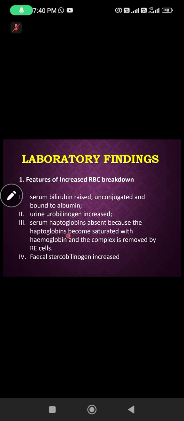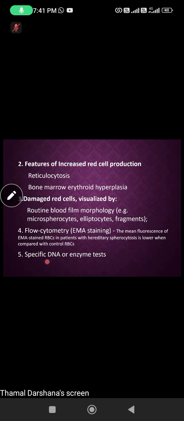And fecal stercobilinogen level also increases. The color of stools becomes dark brown or dark red. So all of these laboratory features we discussed earlier, they are features of increased red cell breakdown.